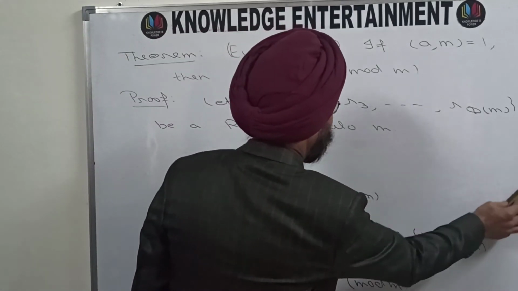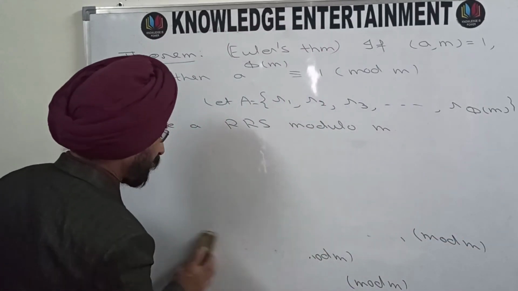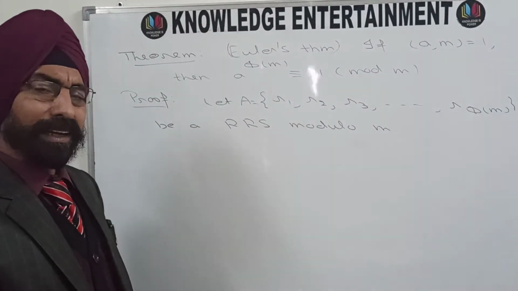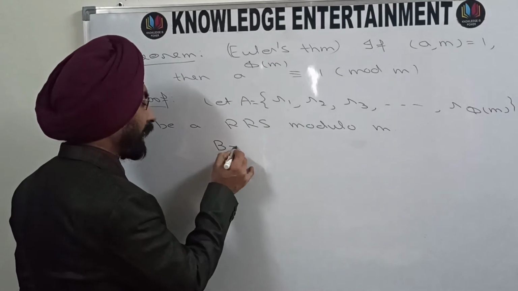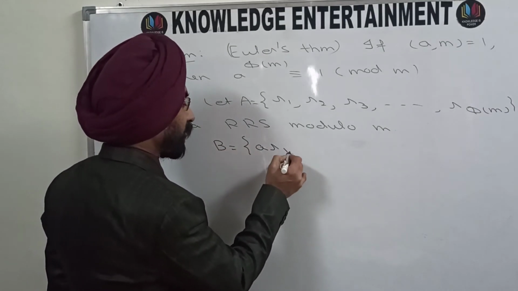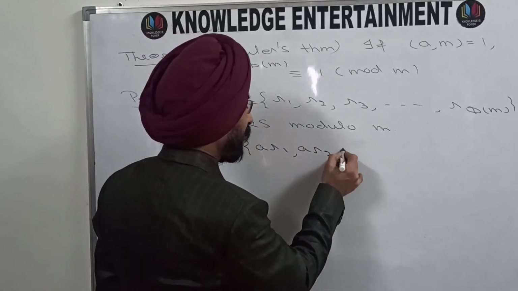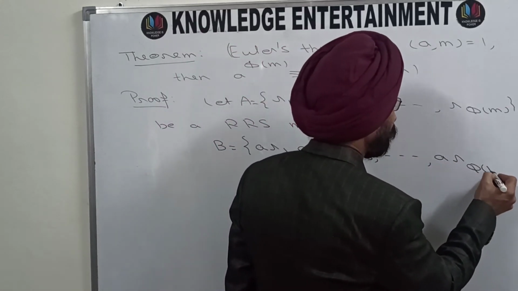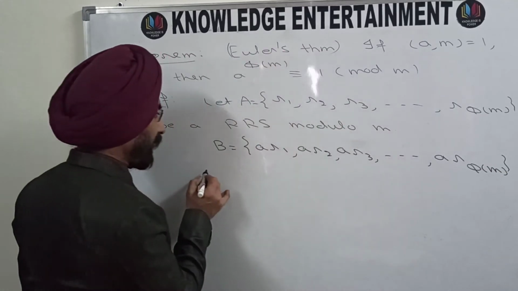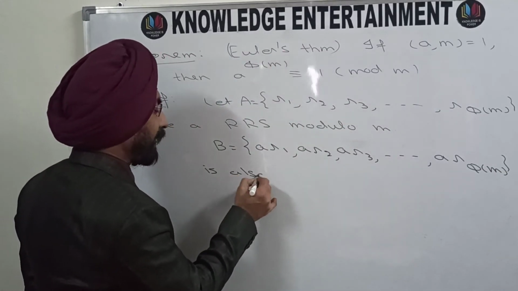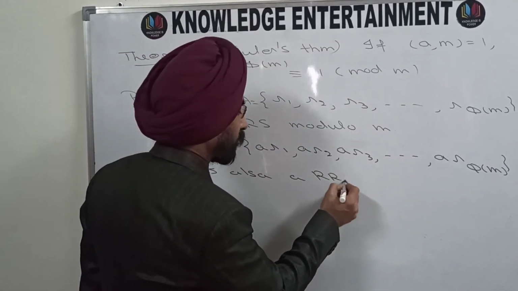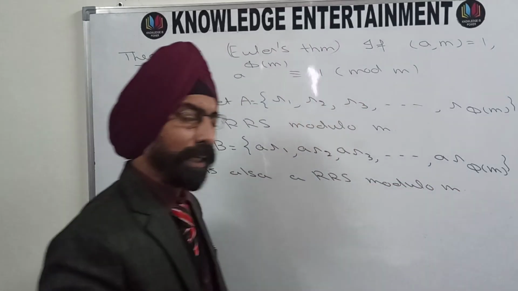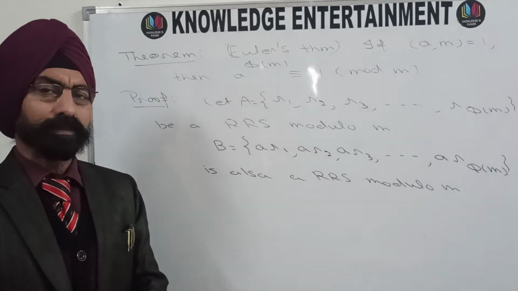Now look, there is already a reduced residue system A, and we have shown that B, consisting of ar1, ar2, ar3, ..., ar_φ(m), is also a reduced residue system modulo m. So now we have two reduced residue systems modulo m.